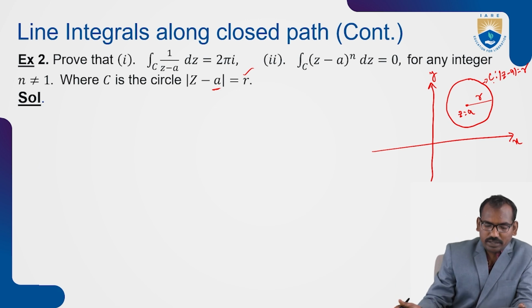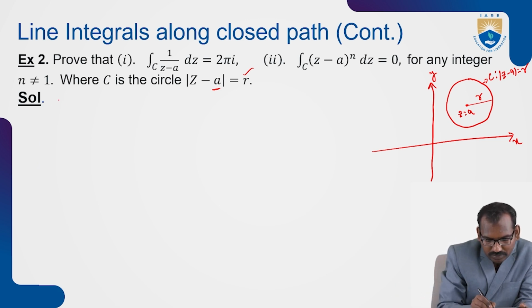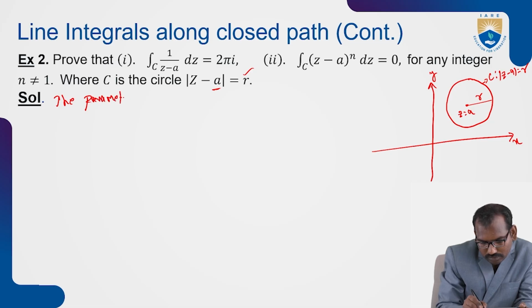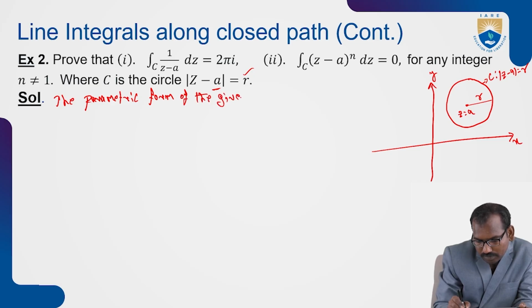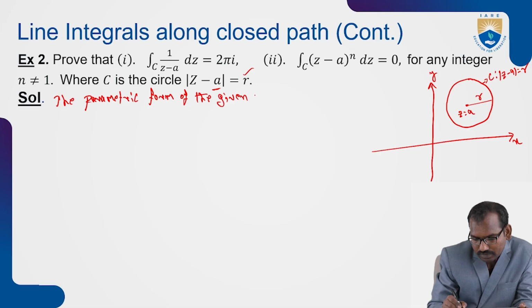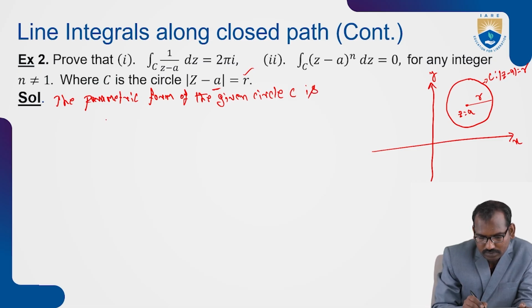Now we will write the parametric form of the given circle C. This is the parametric form: z minus A is equal to R e power i theta.